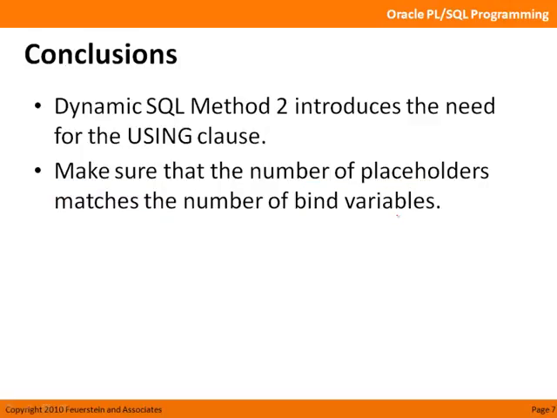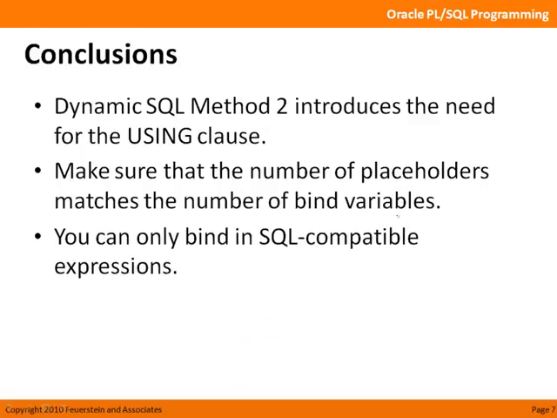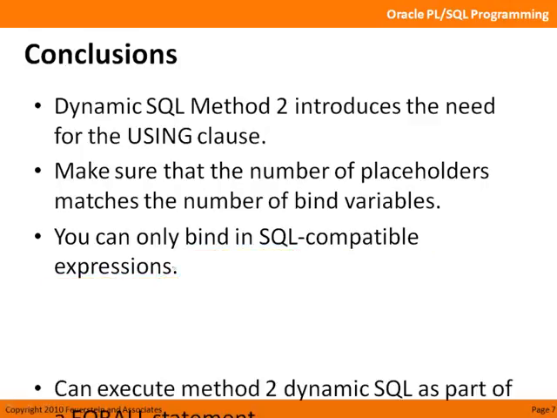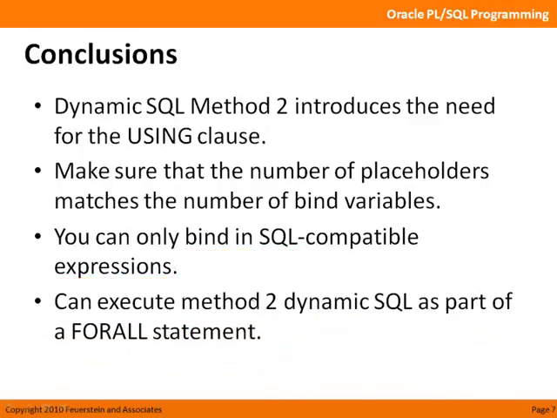You need a distinct set of bind variables in your using list. You can only bind in SQL compatible expressions, so Booleans, records, associative arrays cannot be used with dynamic SQL, even with dynamic PL/SQL. And you can execute Method 2 dynamic SQL as part of a FORALL statement.